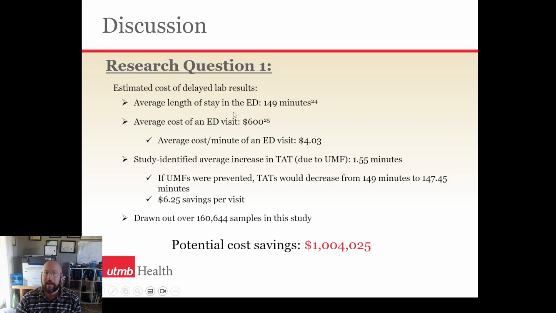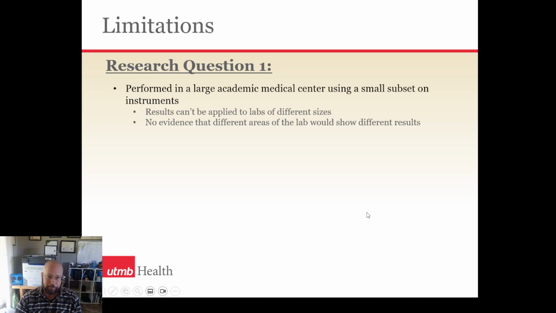I mean, a $600 ED stay on average is pretty low, and I would suggest that the mean cost of an ED visit is probably an inappropriate measure to use for this. You might want to use MODE or one of the other statistics for this. But nevertheless, if you just do the back of the postcard or back of the napkin calculation, about $1 million saved just by preventing mechanical failures in the laboratory.